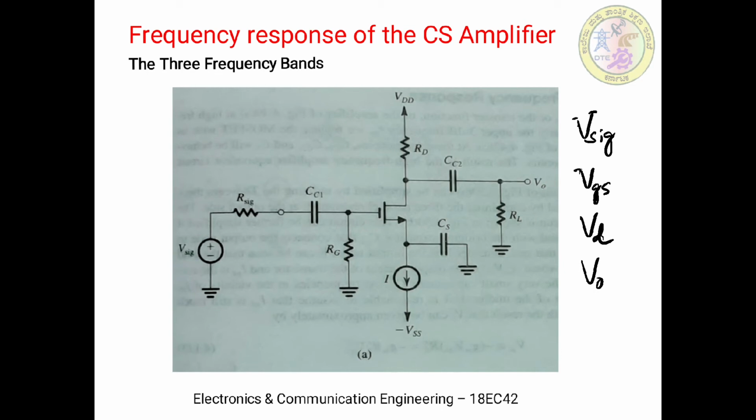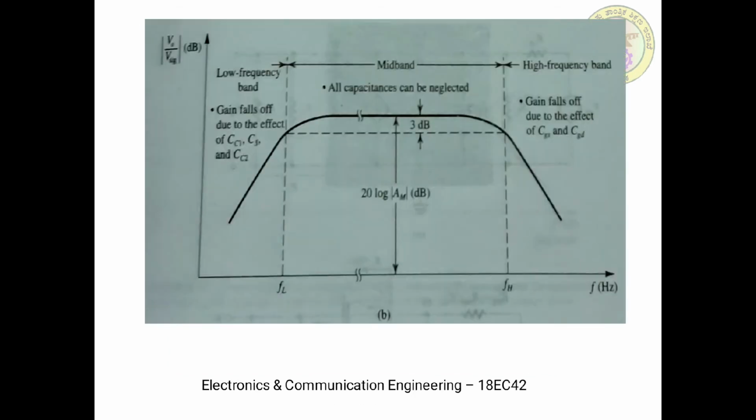So now let us look into the frequency response, which shows us 3 frequency bands, as shown here in this picture. You can see that it is a plot of the magnitude, that is V0 by VSIG, versus the frequency. On the x-axis frequency is plotted, and for different frequencies we have the magnitudes on the y-axis.